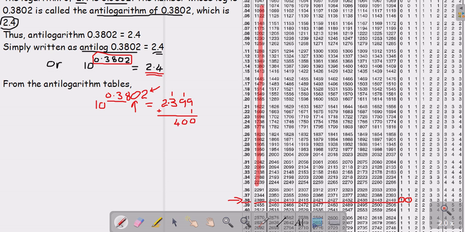So the antilog of 0.3802 is simply equal to 2.4. You have seen we have got it from the tables. So that's the answer.